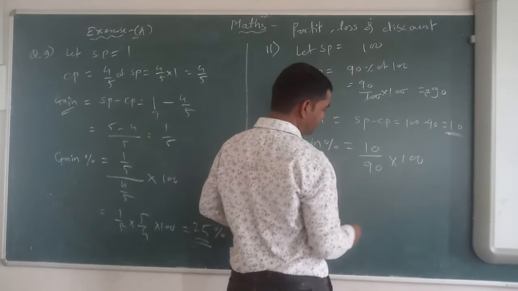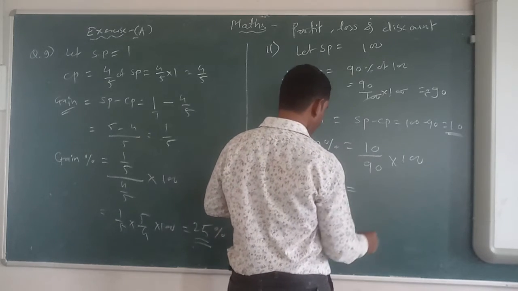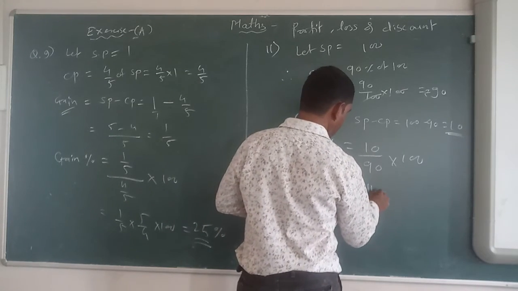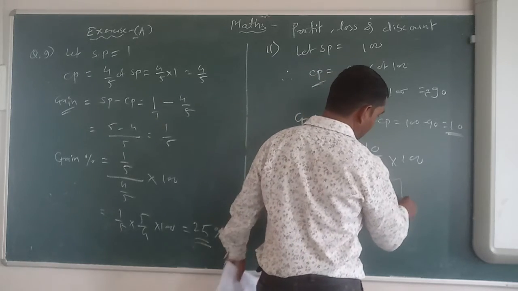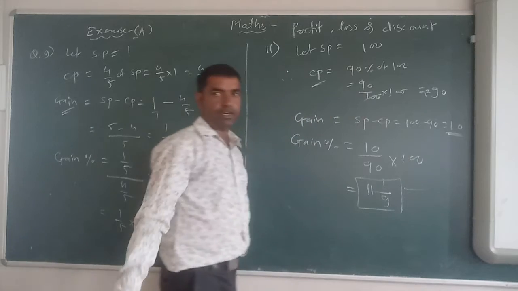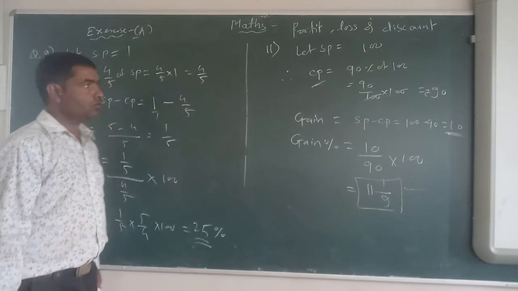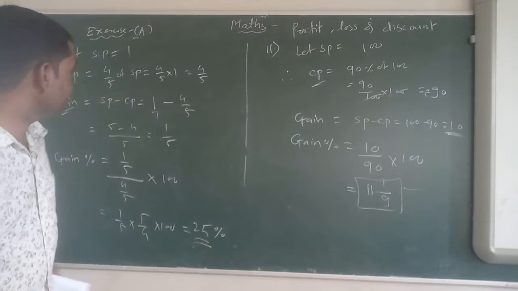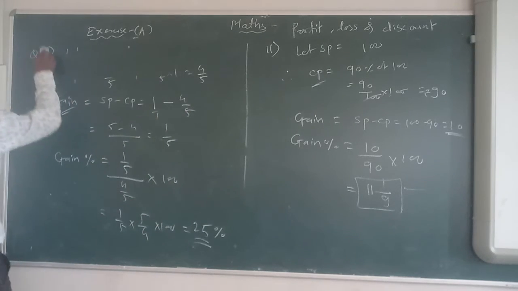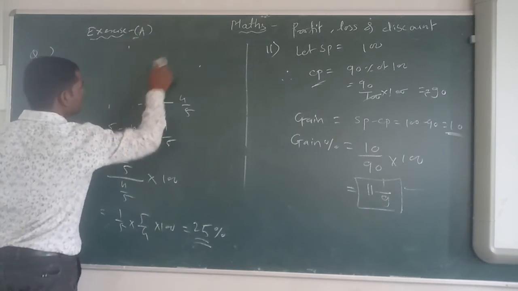Here you can do this, and the answer will be 11 integer 1 upon 9%. This calculation you can do on a rough page. After that we will see another problem, question number 13. We have done question 11.